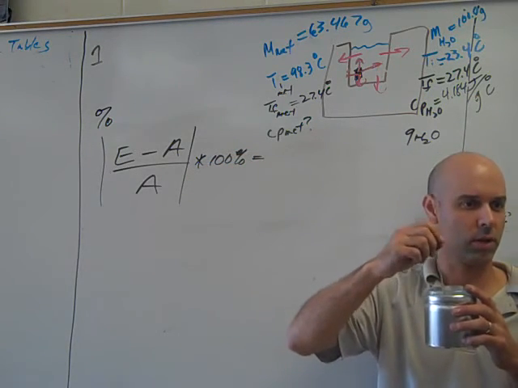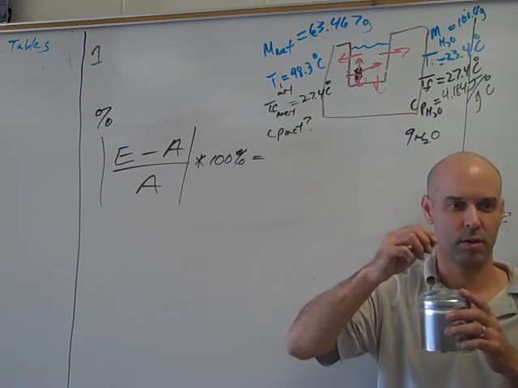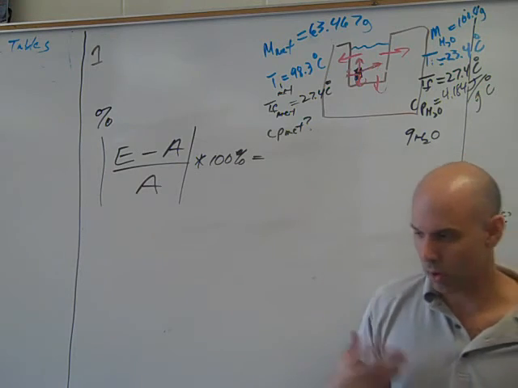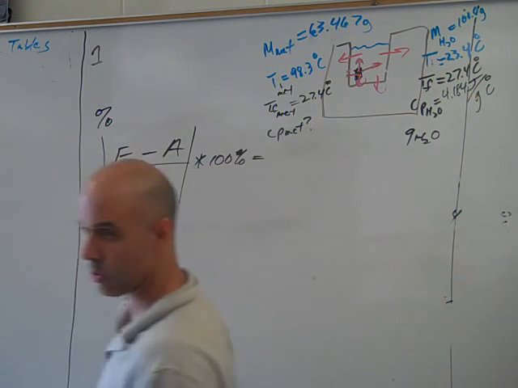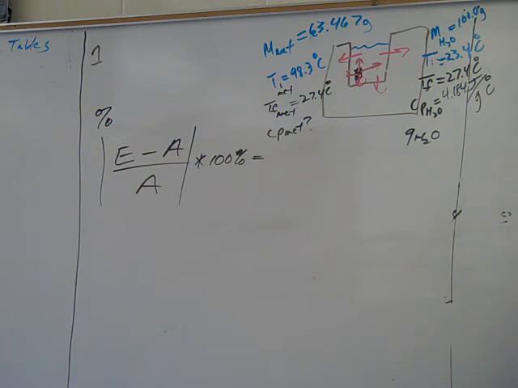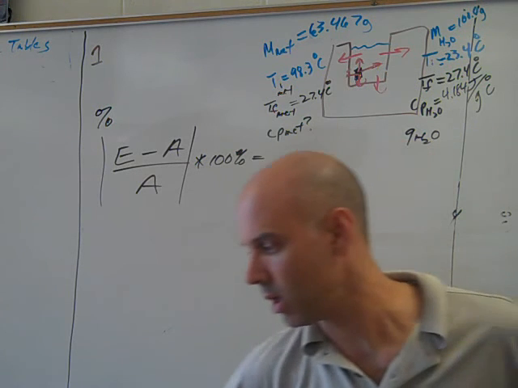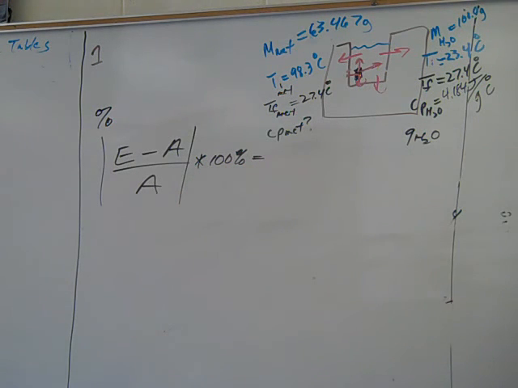What else did you do during the lab? What does stirring do? It adds a little bit of heat. Those are all things that you could actually take into account in the calculations. If we wanted to, we could actually calculate the temperature change of the calorimeter and how much it went up.